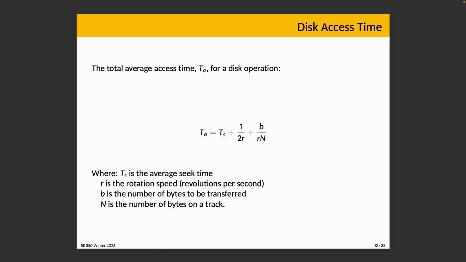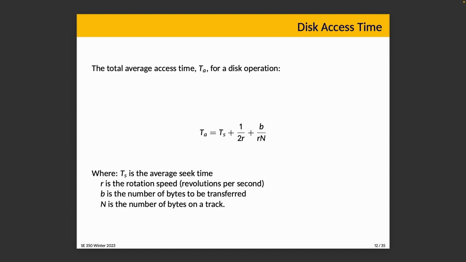That tells you something about the rotations per second, so that's the figure that's interesting. B is the number of bytes that we would like to transfer, so how much data we are going to read. And then N, capital N, is the number of bytes on a given track. By combining these, we can add up everything that we need to figure out how long it would take to transfer some number of bytes.